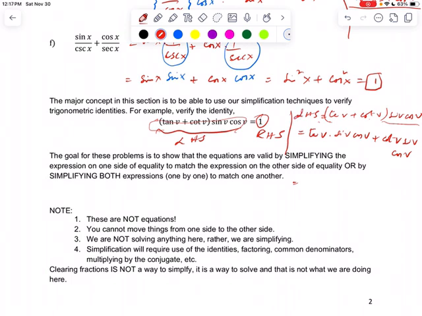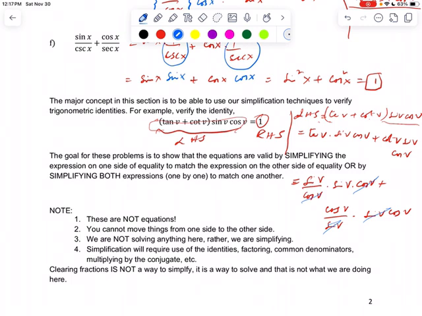The left hand side becomes sine of V over cosine of V times sine of V times cosine of V, that is the first term, plus the second term, cosine of V over sine of V times sine of V into cosine of V. Now you notice that in the first expression the cosines cancel out, and in the second expression the sines cancel out.